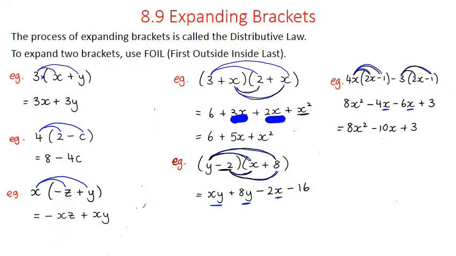Now, the other way to do it, I'll just rewrite it. Notice that we've got the same bracket. So what you can actually do is factorize that by putting these two terms in a bracket as well.